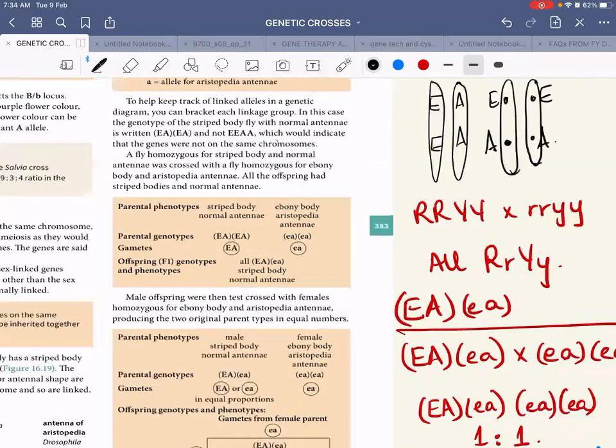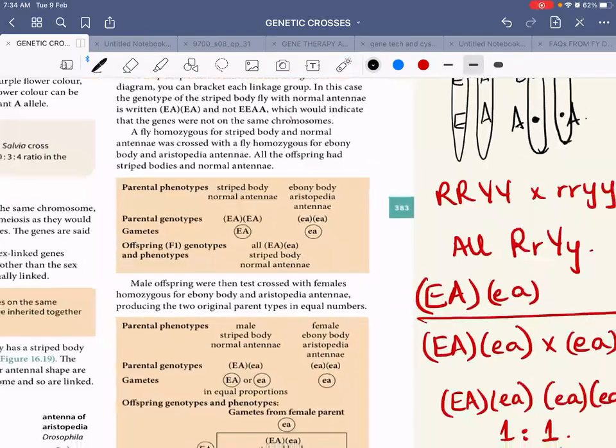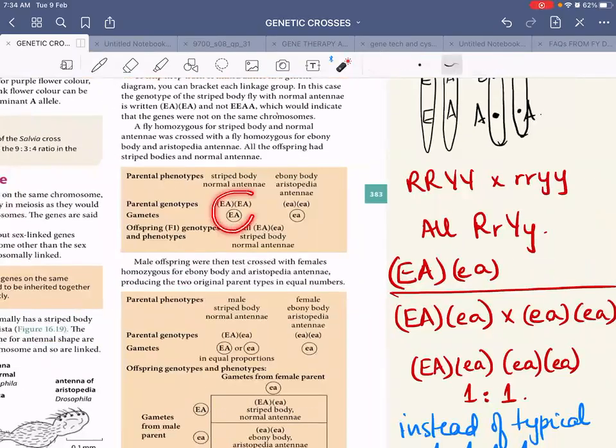So in that case, we did last time that if we have a cross between two homozygous organisms which show autosomal linkage, of course in F1, since capital E and capital A are dominant characteristics, they will always appear as a phenotype in the F1 generation.